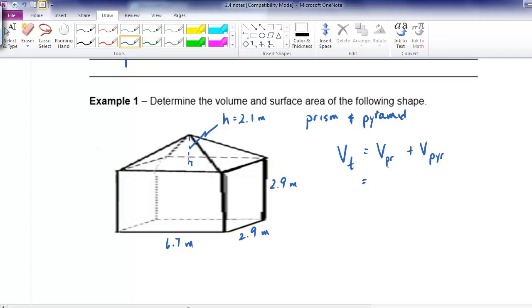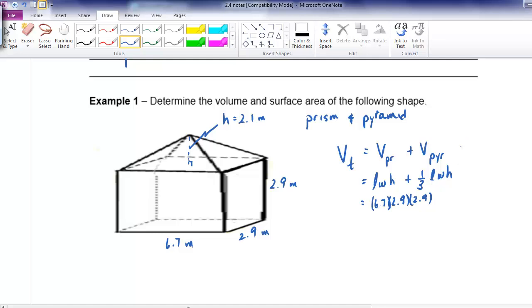The volume formula of a prism is LWH, and the volume formula of a pyramid is 1/3 LWH. In this particular example, it would be 6.7 times 2.9 times 2.9.